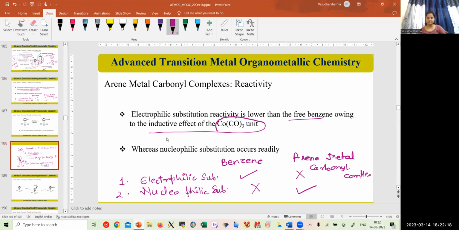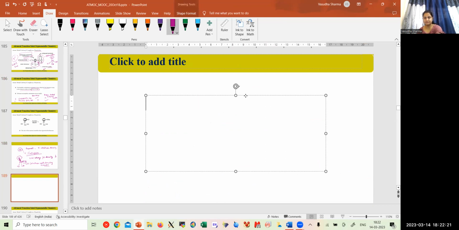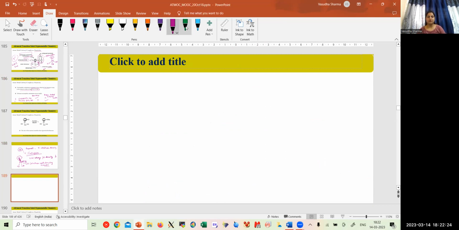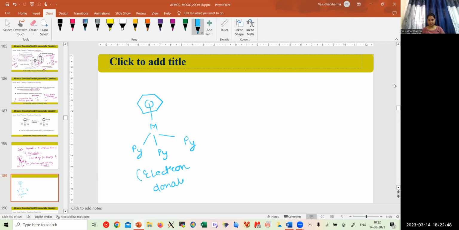Continuing with this comparison, if I have this arene, suppose a pyridine molecule, which we take as an electron donating group, or some other example, suppose any group, just in case of the inductive donating groups.